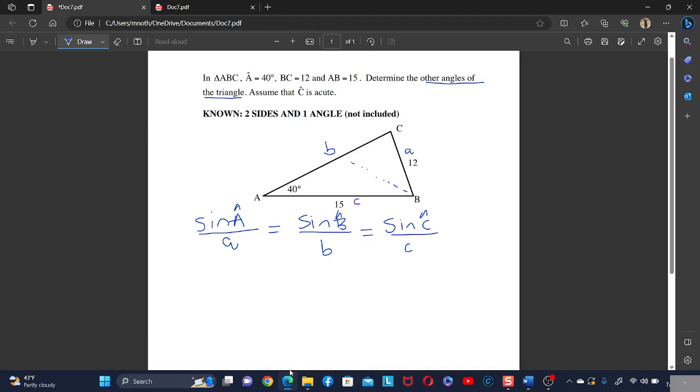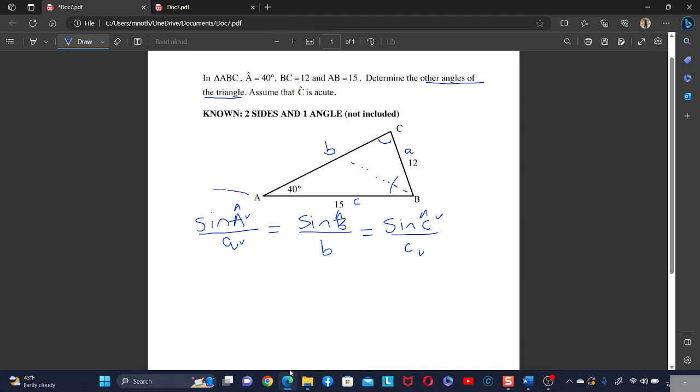Now, we are told to determine other angles, meaning that we are looking for angle C and angle B. We already have angle A and side A, and we also have side C, but we don't have angle C.